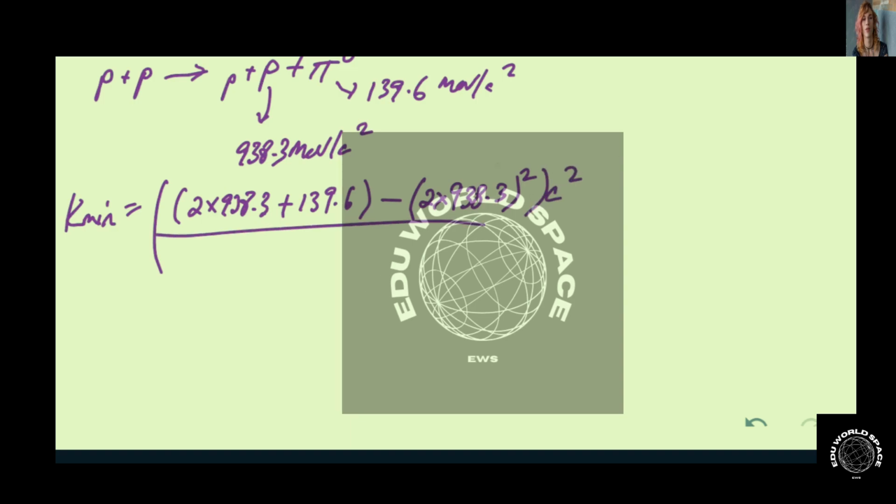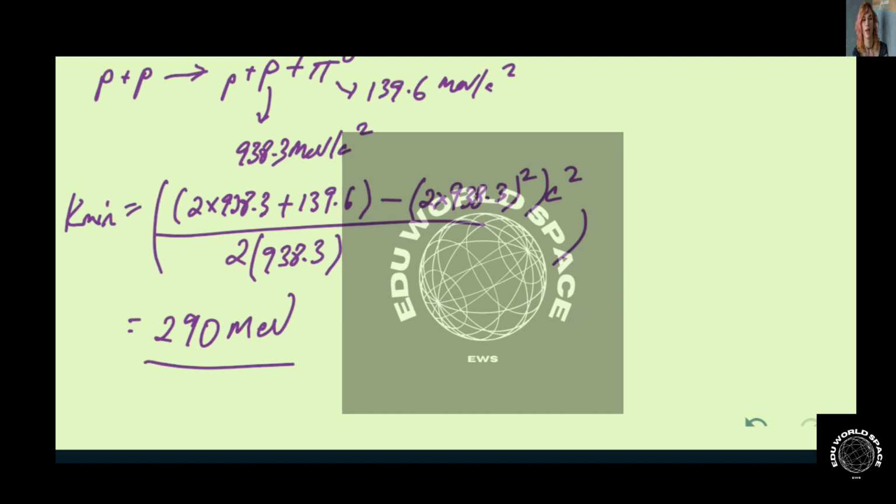I think by multiplied by c square divided by 2 times of the mass of m2. And for this, the answer is about 290 MeV.